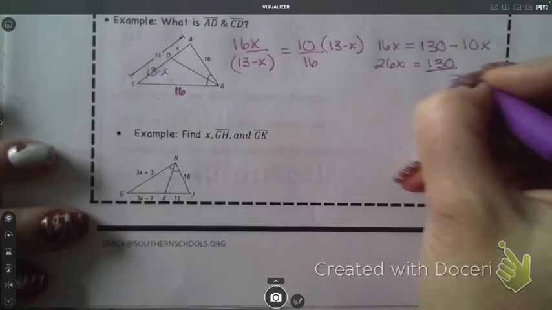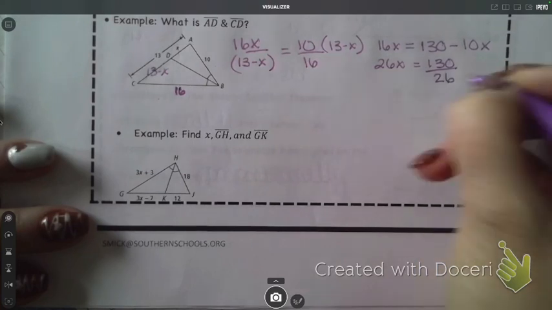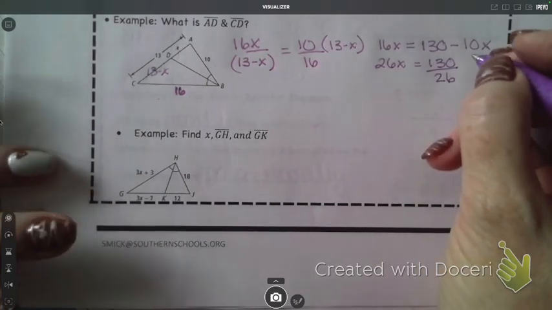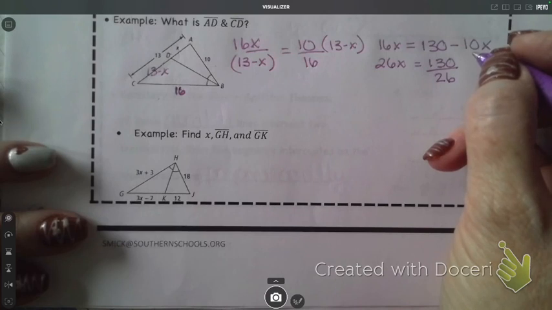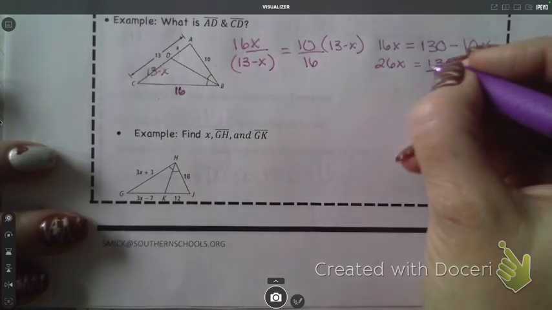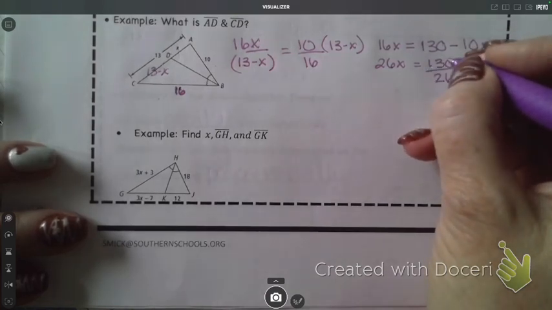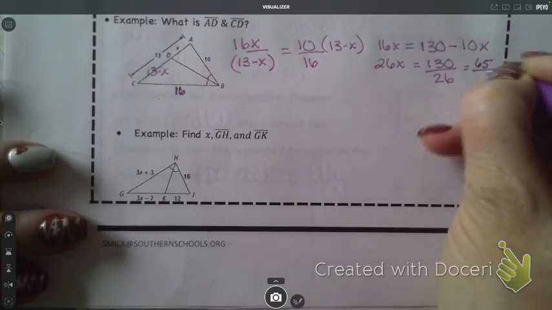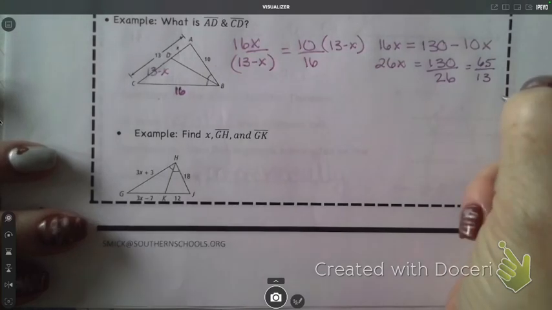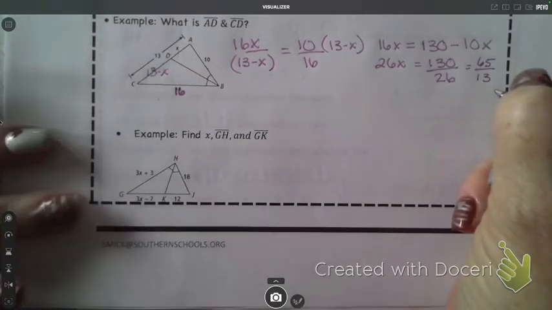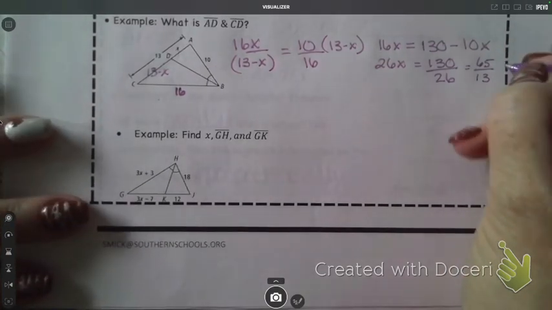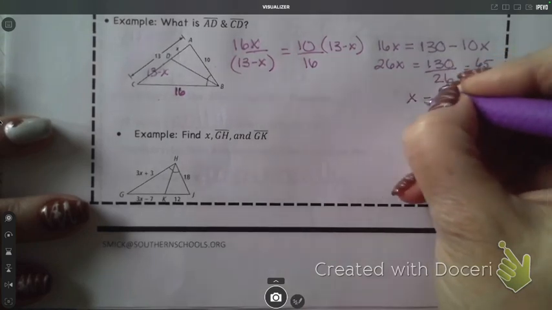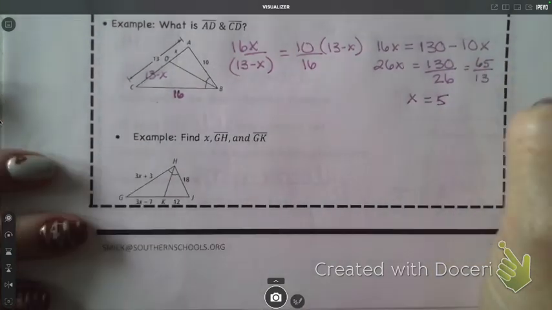And I divide by 26. I don't know what goes into those, but I do know 2 goes in. So if I divide by 2, I get 65 over 13. And I bet 13 times 5 is 65, don't you? Yep. So x is what? 5.